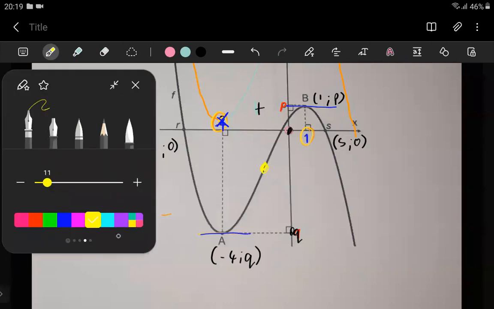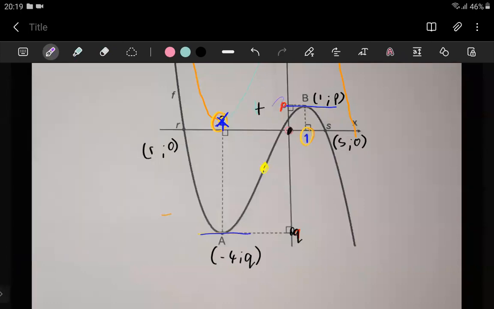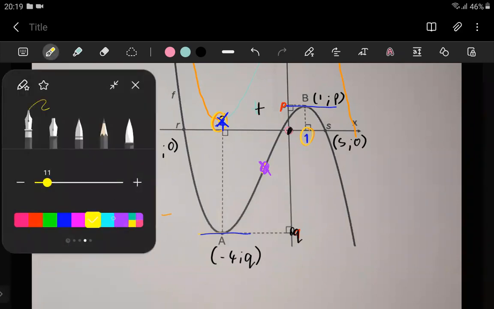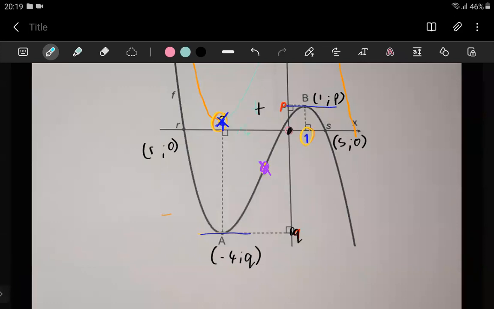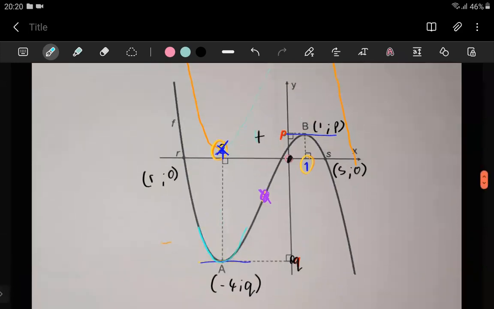The graph changes concavity at this specific spot here, because in the middle of the graph, you see that one side is smiling, one side is frowning, and then vice versa. The side that's smiling is the side that's concave up. The side that's frowning is the side that's concave down. You see?